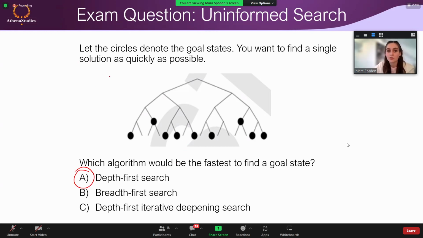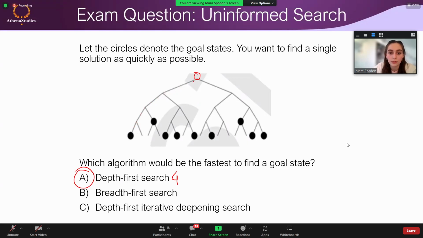It says, let the circles denote the goal states. And you want to find a single solution as quickly as possible. Which algorithm would be the fastest? So what I would do for this question, I would just count the steps that it takes for me to find a goal. So if I apply depth first search, I start at the root. I take 1 step, 2, 3, and 4, and I find my goal. So depth first search takes 4 steps.